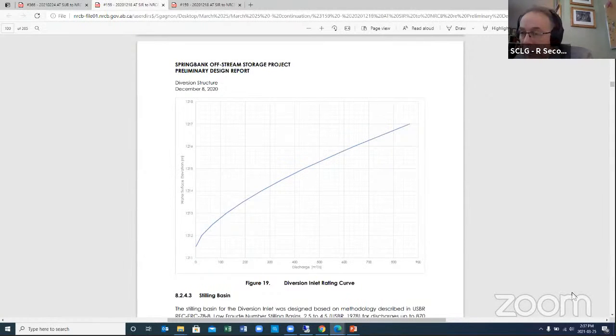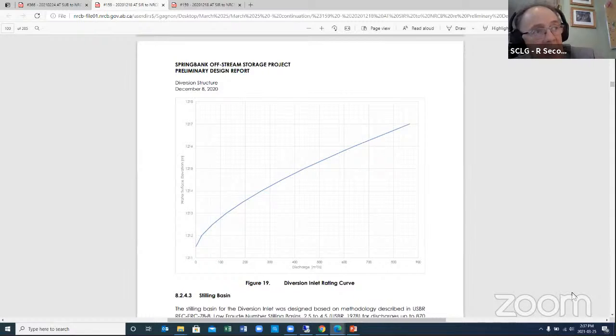Well, you said that engaging the auxiliary spillway would be something in the order of a 1 in 500 year flood, Mr. Menninger. But when I look at the diversion inlet rating curve, at an elevation of 1217, the flow is only 900 cubic meters per second.